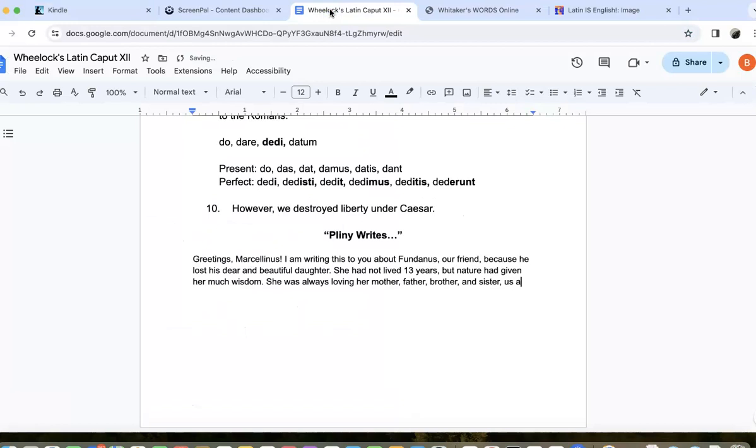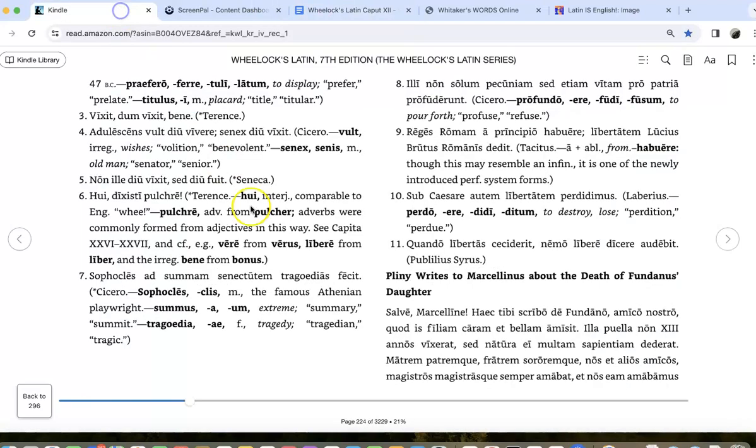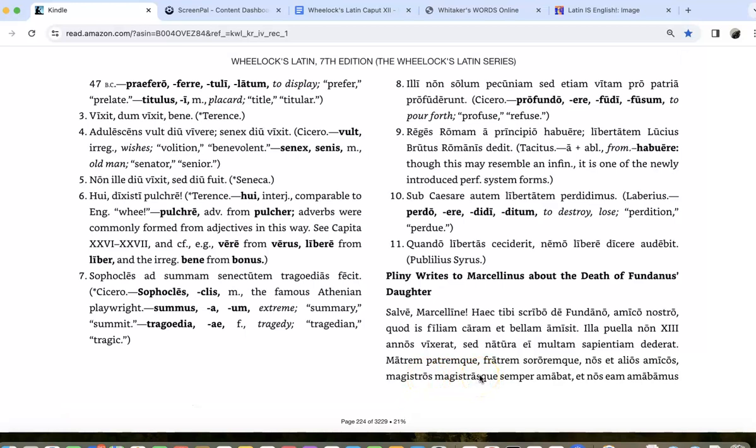It's kind of a long sentence, but us and other friends. And then her, here they have male and female teachers, but I think in English we should say her teachers. But it does distinguish between magistros, which would be male teachers, and magistras, which would be female teachers. So there's a good review of, notice that all of these people, except for the daughter, are in the accusative direct object, as we just pointed out.